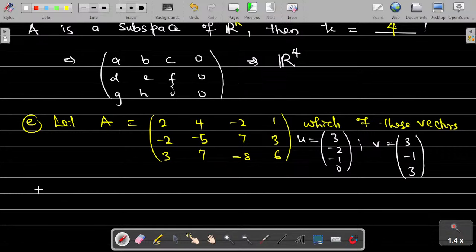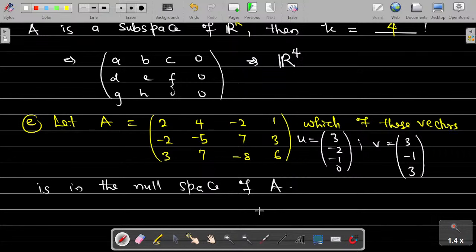They then said which of them is in the null space of A.